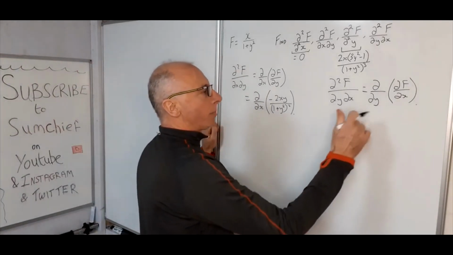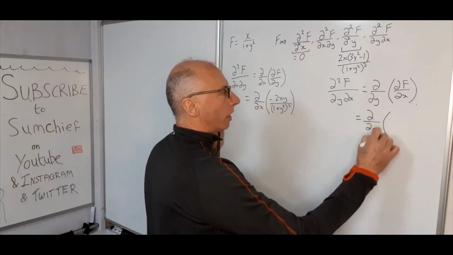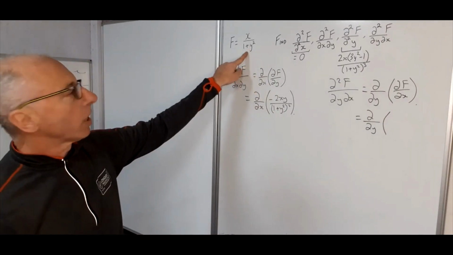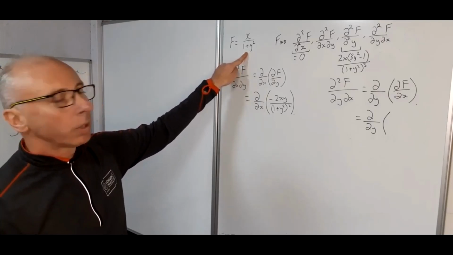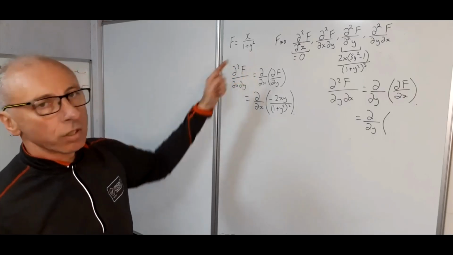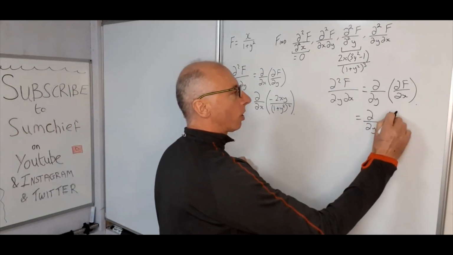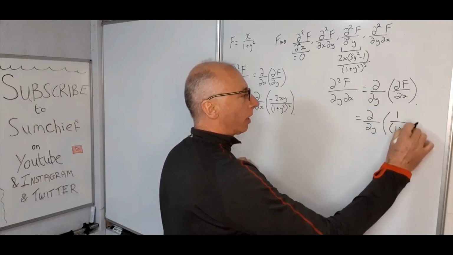And now this one, we've got the partial with regards to y, and then the partial of this with regards to x. We know x was the variable we're going to differentiate, but the 1 over 1 plus y squared was the constant multiple. So this just leaves us 1 over 1 plus y squared.